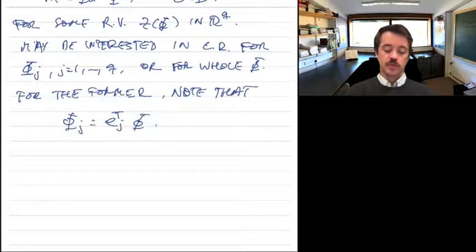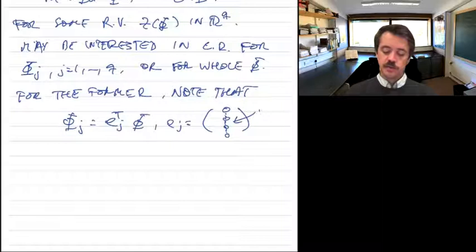So this would be this vector, it has all zeros except for the jth element that has a 1.